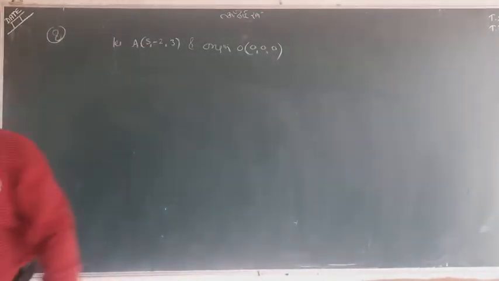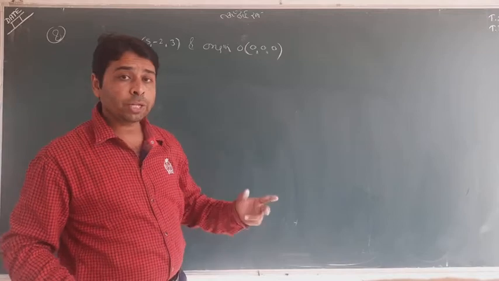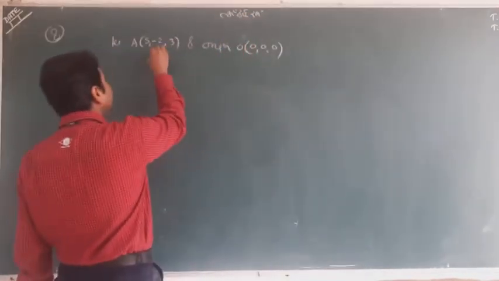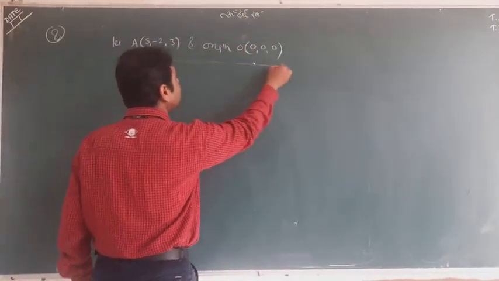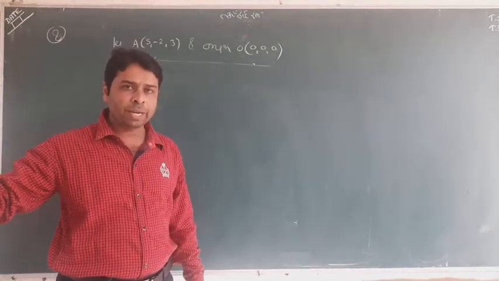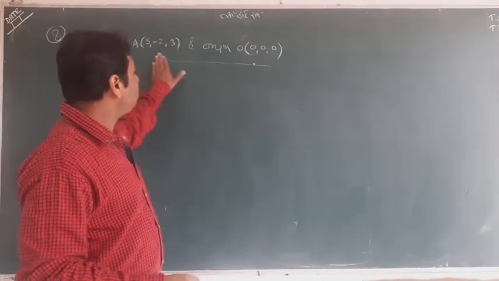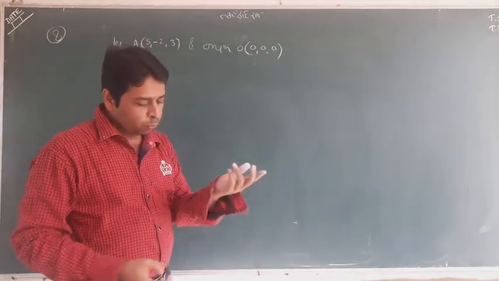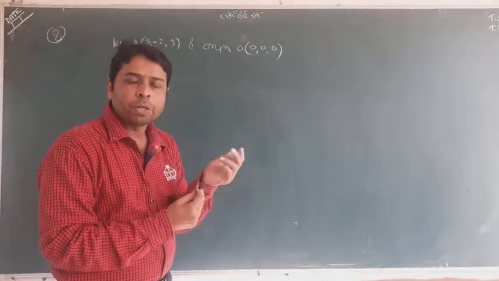So what will we use? We have a two-point form. The line is passing through A and O, so what is the equation of the line passing through A and O? It's very simple. We will use the two-point form in which you are perfect.